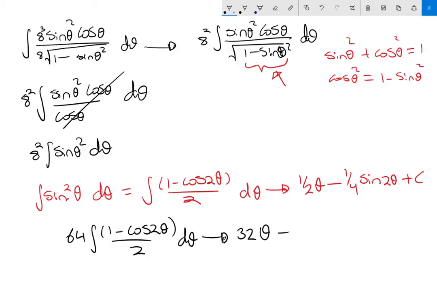Actually, I'm going to make this a little less tricky. It will just be 64 over 2 theta minus 64 over 4 sine 2 theta plus c.